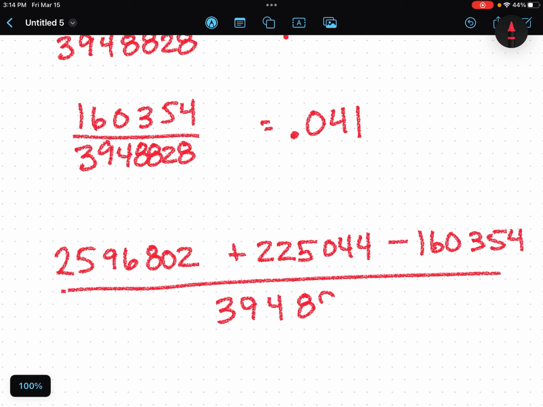I'm just going to make it a little bit more simple. Instead of putting them all underneath that divide thing, I'm going to take the 2596,802, add to it the 225,044, minus the 165, get that number, and then take that and divide it by my total. And so when I do that, I end up with 0.674. And that's part D.